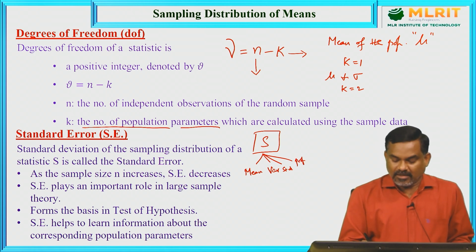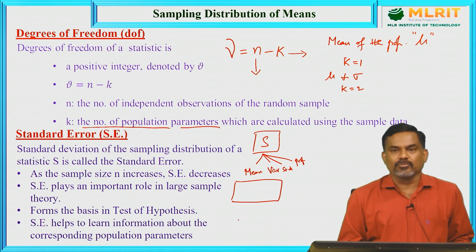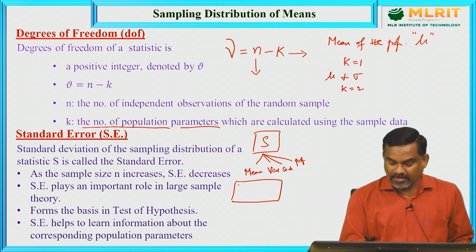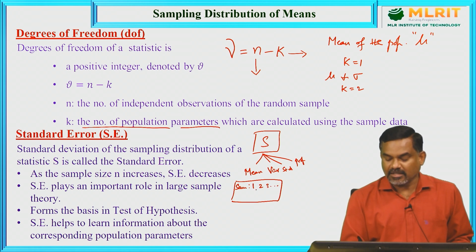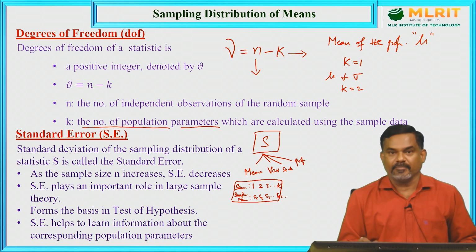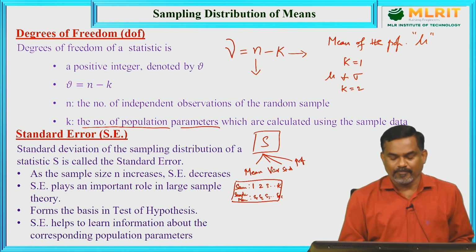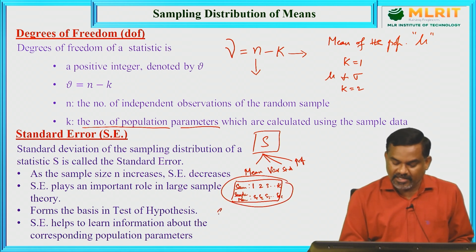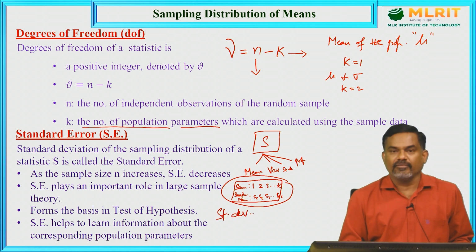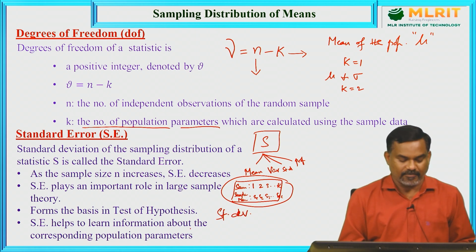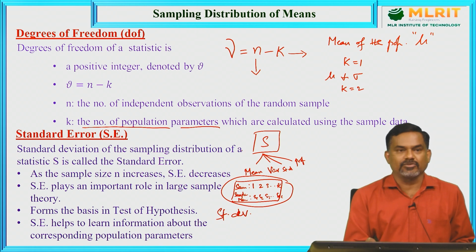Let us obtain the sampling distribution of some statistic S. That means we take samples 1, 2, 3 and so on, K samples for example, and let us find the sample mean for all these K samples, giving S1, S2, S3 and so on up to Sk. This is called the sampling distribution, and if we calculate the standard deviation of this sampling distribution, that is called the standard error. So, the standard deviation of the sampling distribution of some statistic S is called standard error.